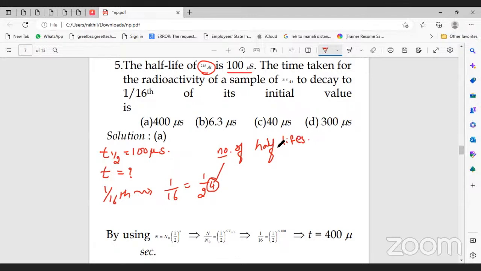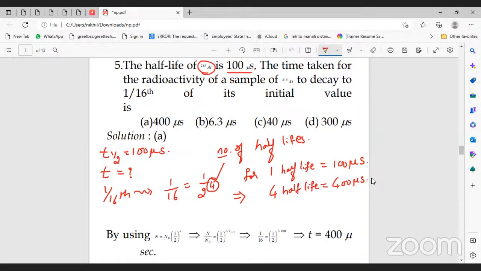For one half-life, what is the time it is going to consider? 100 microsecond. For one half-life, the time taken is 100 microsecond. This implies for 4 half-lives, the time taken will be 400 microsecond.